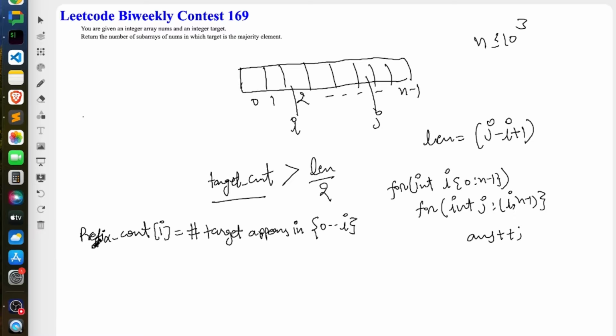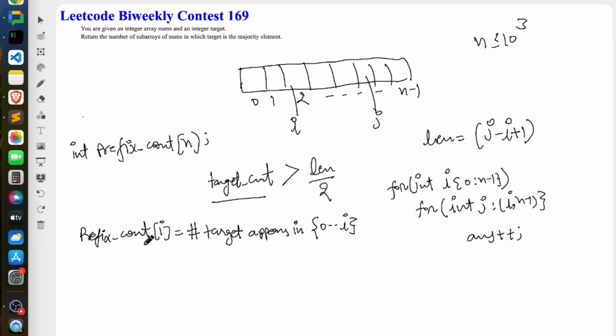So let's say that is stored in prefix count of i, and if you build this prefix count for all the indices from 0 to n minus 1, it would be a vector of integers, let's call it prefix count, and its size would be n, right? So prefix count of i is the number of times target appears in the subarray 0 to i.